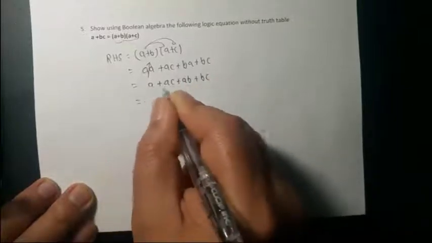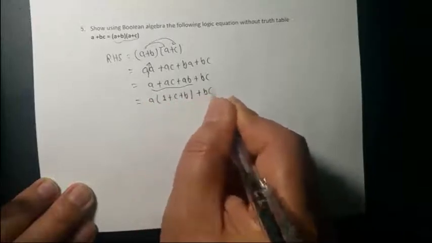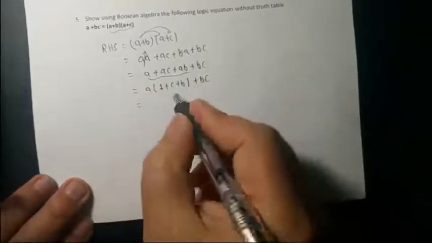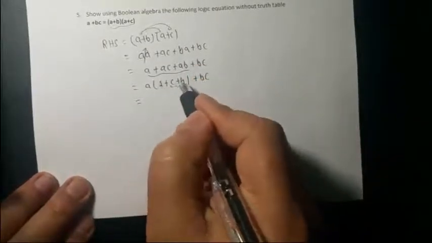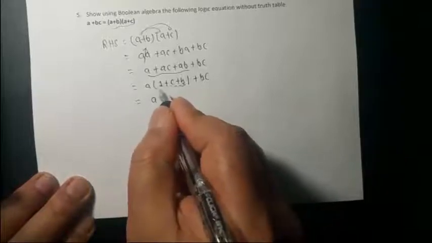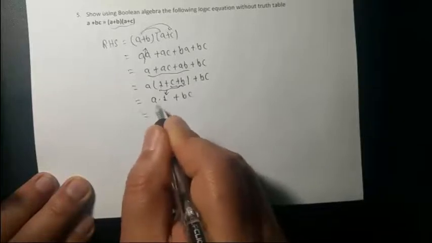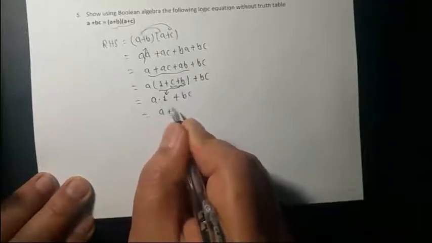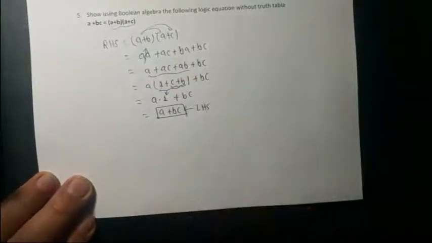So a is a common factor from here: a times 1 plus c plus b, plus bc. Again, 1 plus something is just 1. So this whole thing is just a times 1 plus bc. So a times 1 is a, plus bc, and that proves the left hand side. That's really easy.